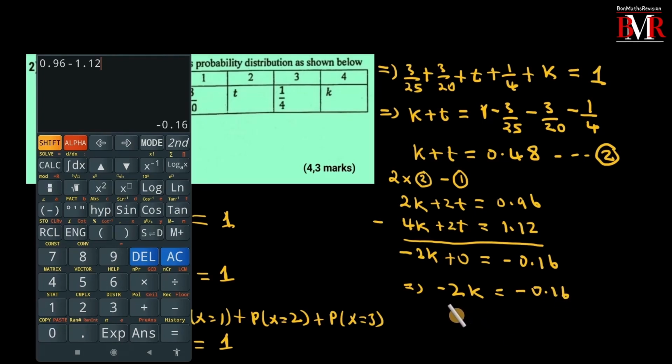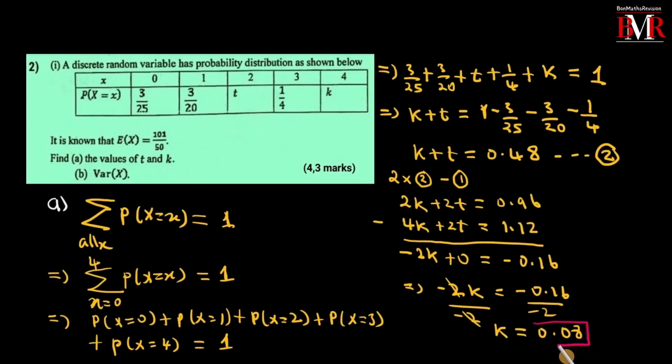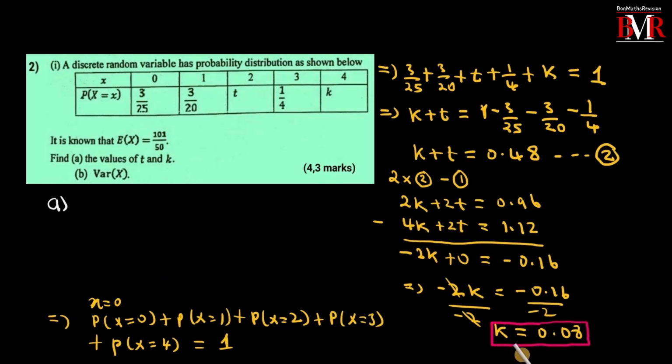Now if I divide both sides of this equation by negative 2, this will cancel out and I'll have k is equal to negative 0.16 divided by minus 2, which is 0.08. So k is 0.08. To get the value of t, I can substitute k equals 0.08 in either equation 1 or equation 2. Now, if I substitute k equals 0.08 in equation 2, I'll have 0.08 plus t is equal to 0.48.